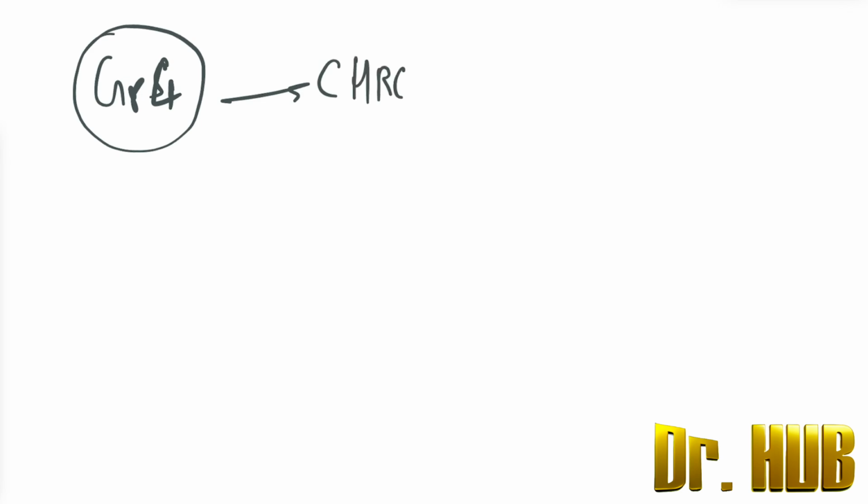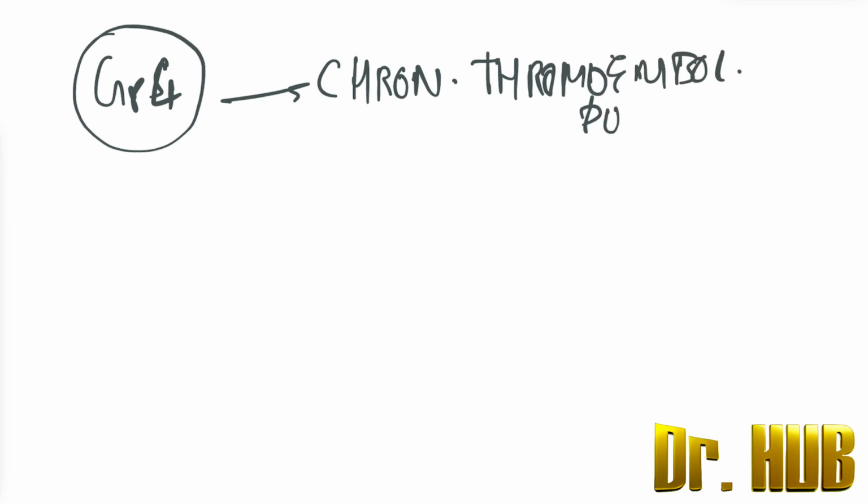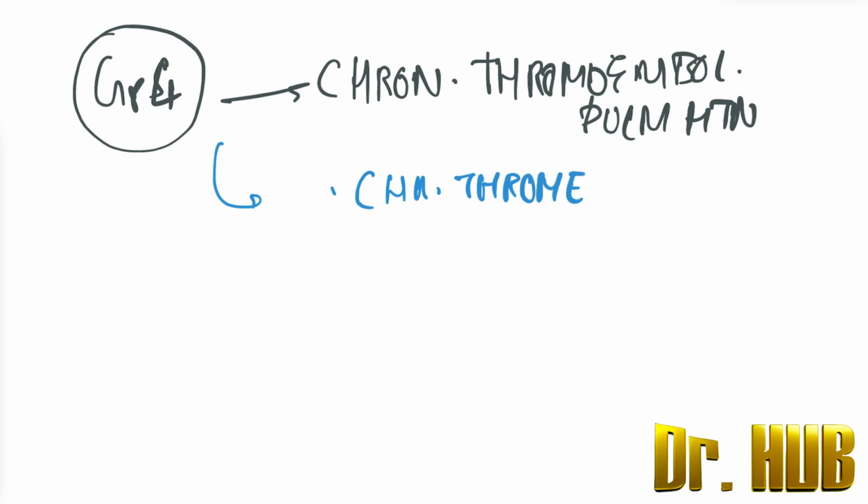Next, we move on to group 4. Group 4 means chronic thromboembolic pulmonary hypertension. In this variety, the causes include chronic thromboembolic pulmonary hypertension.